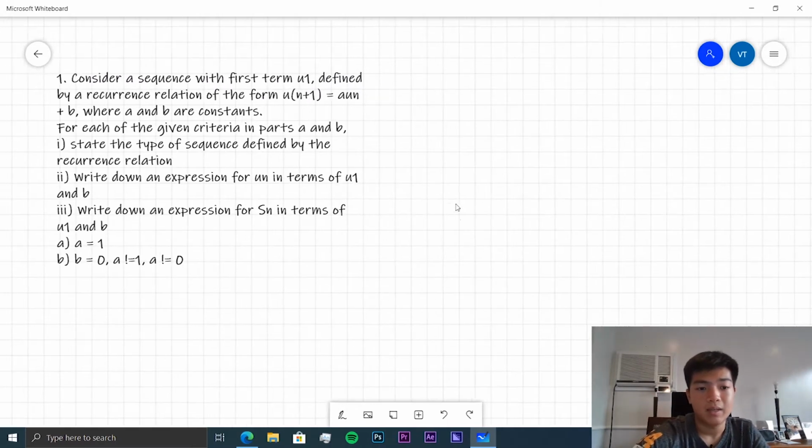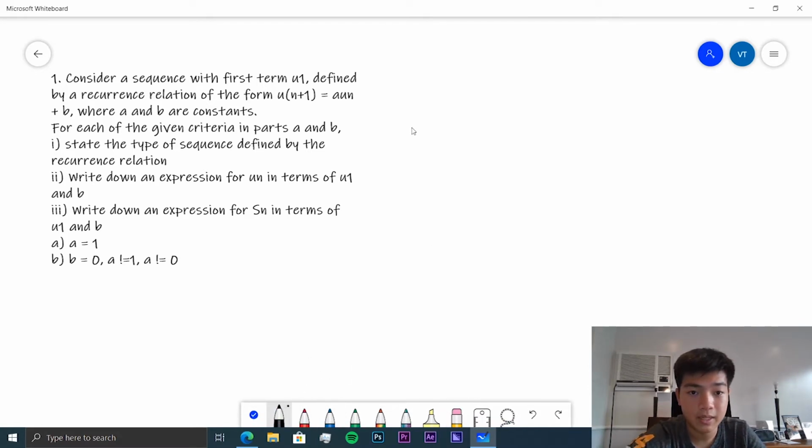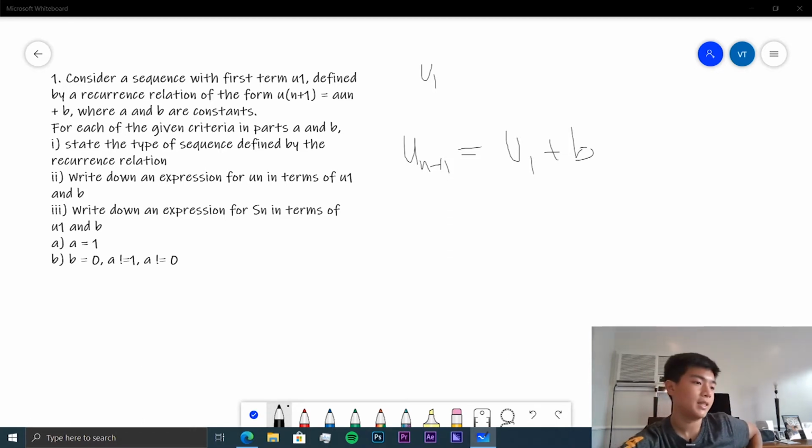So we have the recursive sequence, first term u1, and un plus 1 is equal to, and a is 1, so this is un plus b. So what type of sequence is this? This looks like a linear sequence, just adding one number over and over again. I guess it's an arithmetic progression, because we have un is equal to the first term plus some constant.